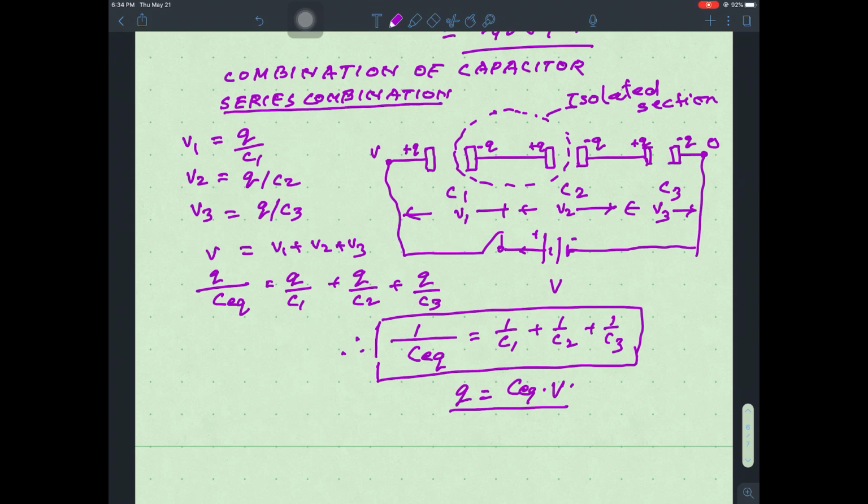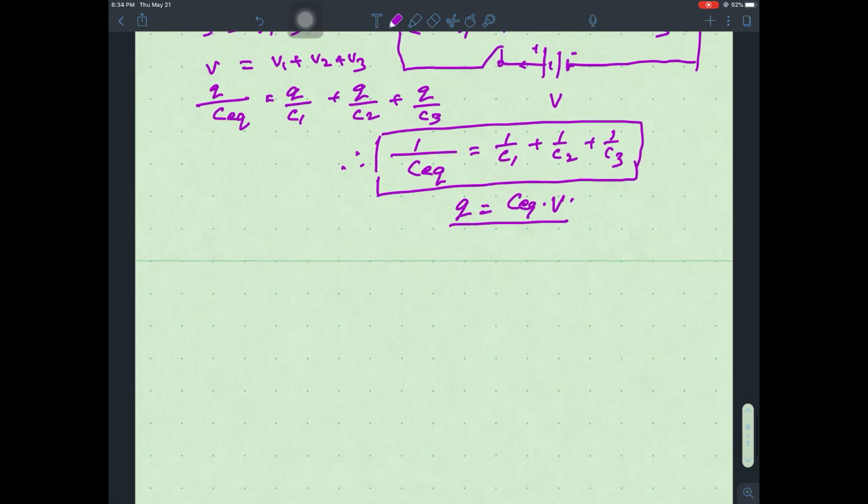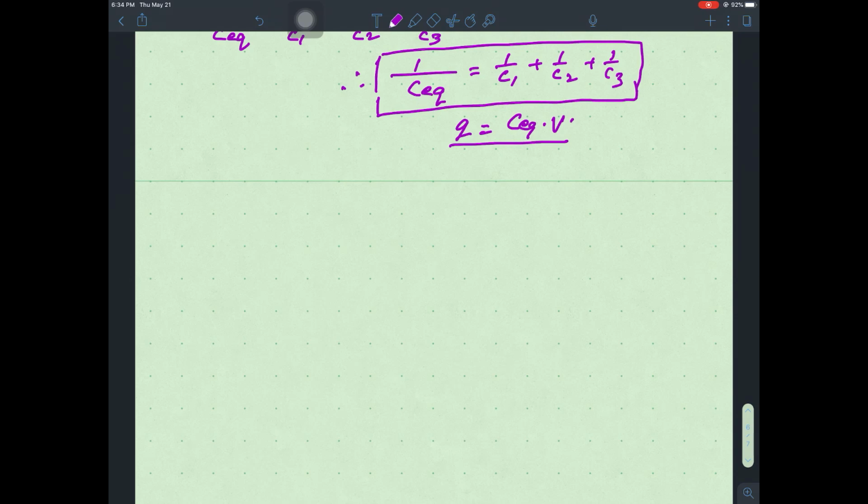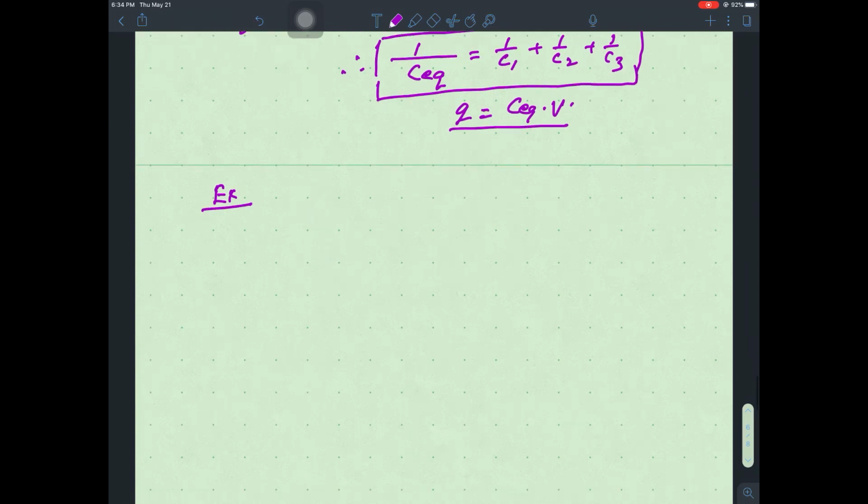Now we will try to understand the same thing by an example. I am giving you one example, try to understand it.